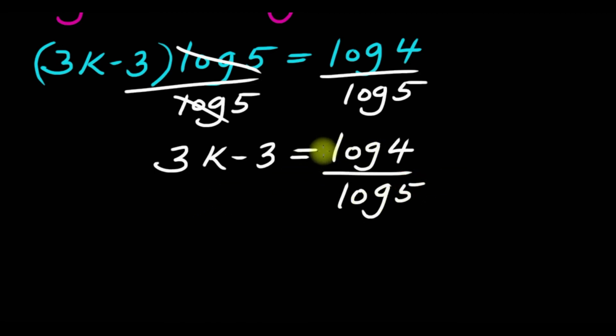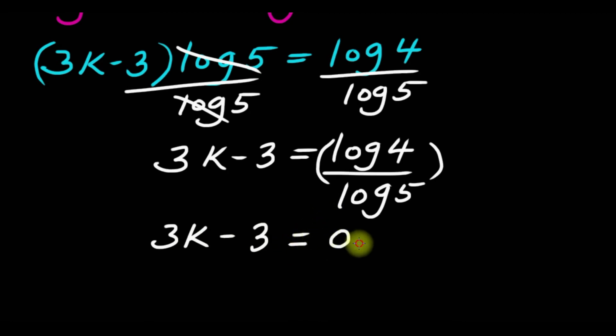Alright, solve for k. But first we can evaluate this using a calculator. Okay, so with the scientific calculator, all you have to do is punch in log 4, divide by log 5. And if you do that, it's going to give you 0.8614. And to solve for k, I would have to add 3. Add 3.